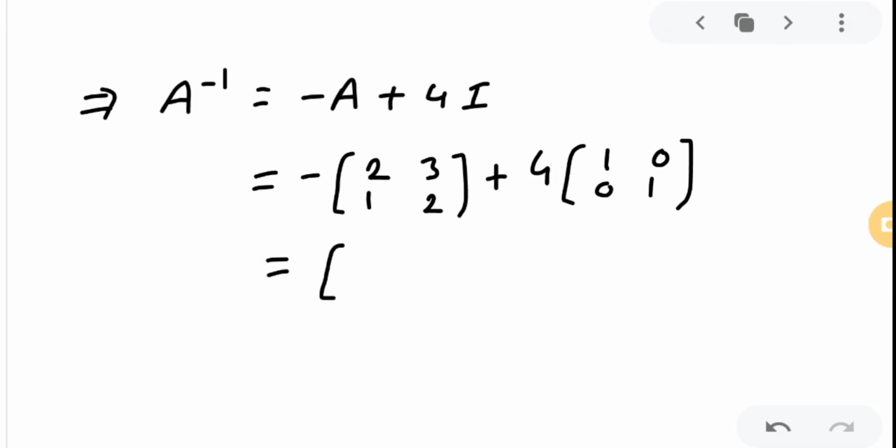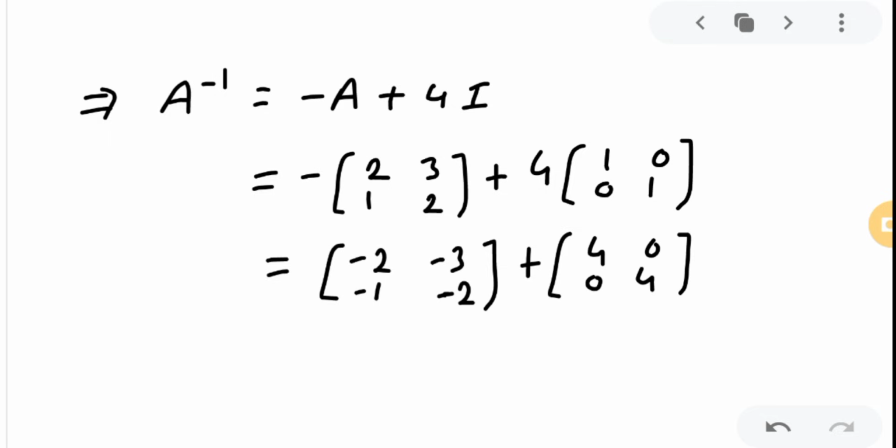Now with the minus sign, it goes to every element: 2 becomes minus 2, 3 becomes minus 3, 1 becomes minus 1, and 2 becomes minus 2. And plus 4 multiplied gives 4 0 0 4. Now just calculate: corresponding elements get added.